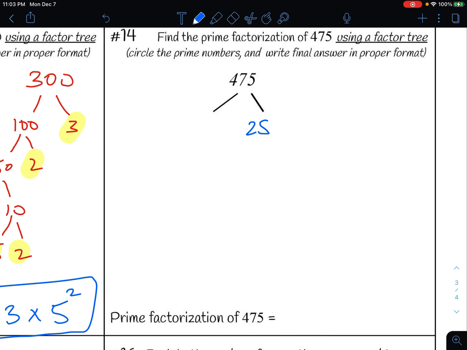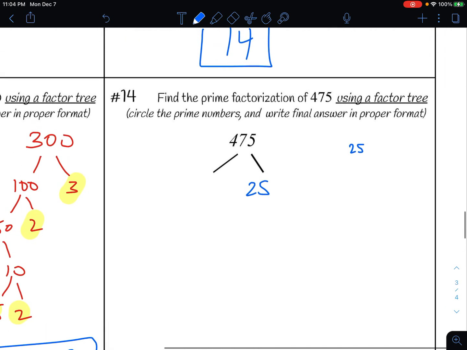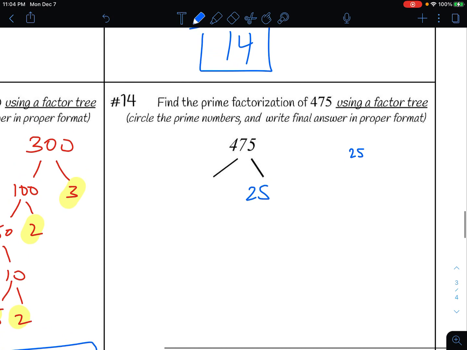It's kind of like money. You know what? It might be worthwhile just to do some division on the side, because I am really struggling to figure this out off the top of my head. 475. How many times does 25 go into 475?